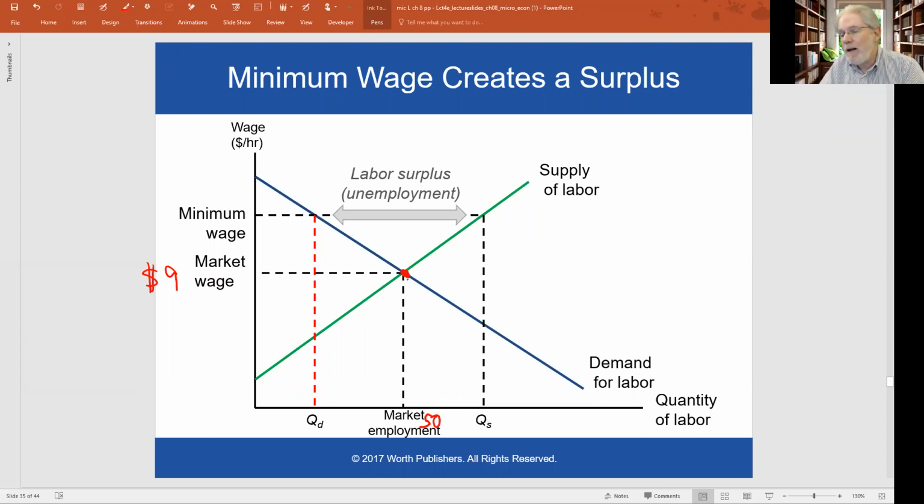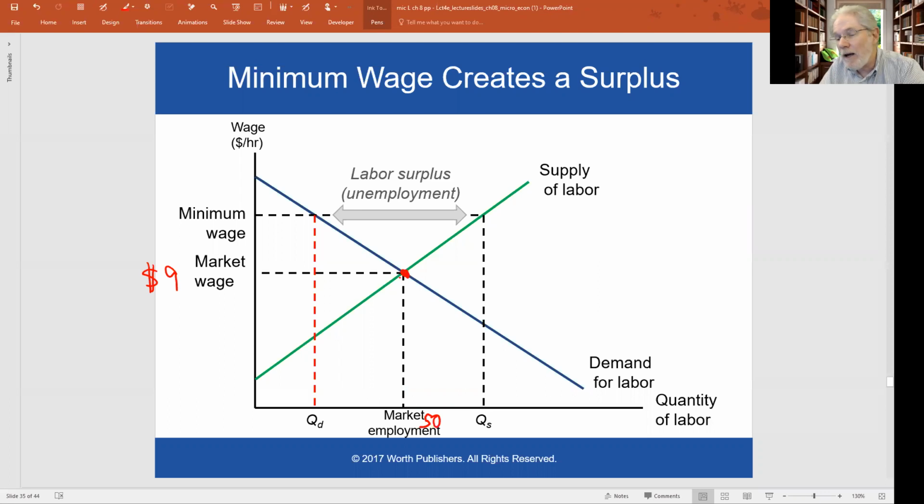Okay? That's also a point on the supply of labor, which means that in this market, at this particular point in time, if the wage rate is $9, then the quantity of workers who are willing to supply their labor is 50,000.